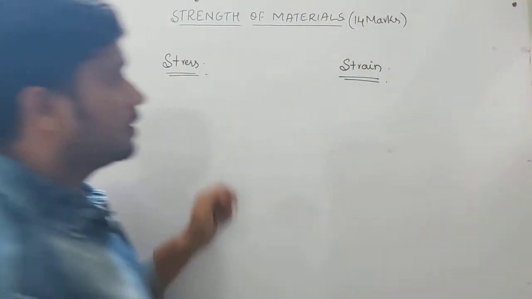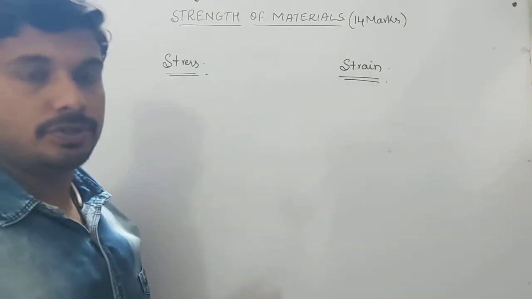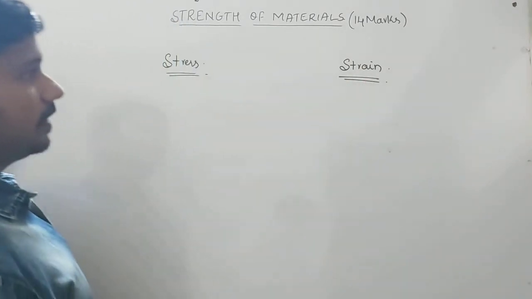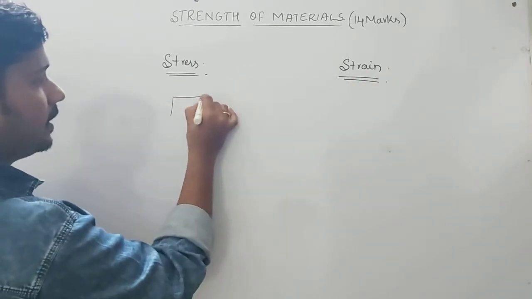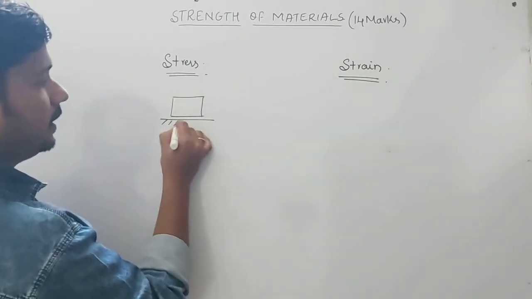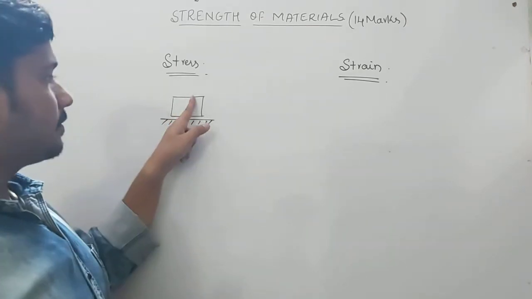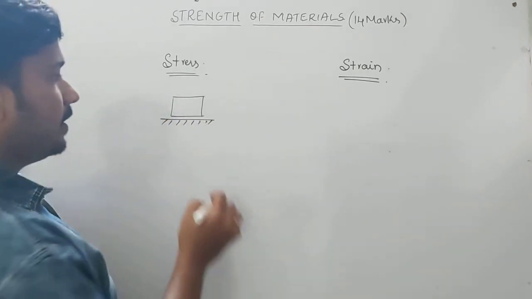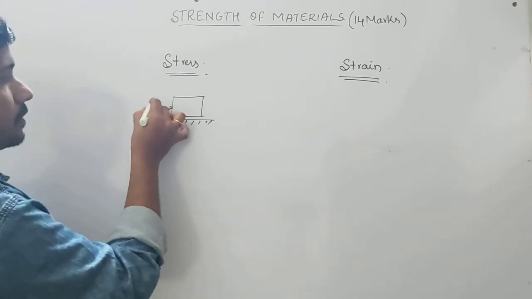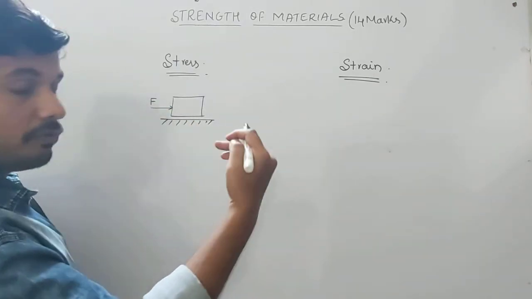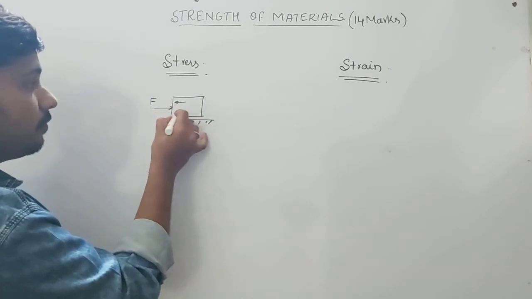Next is stress and strain, which is again very, very important. What is stress and what is strain? For example, there is a body sitting over the ground, and when I apply a force F, an internal force is set up.